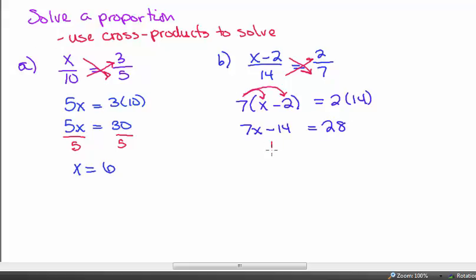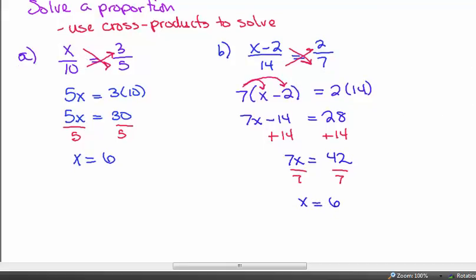I will add 14 to both sides, giving me that 7x is equal to 42. I will divide by 7, and I will get that x equals 6. And x does not always equal 6, that's just some weird fluke.